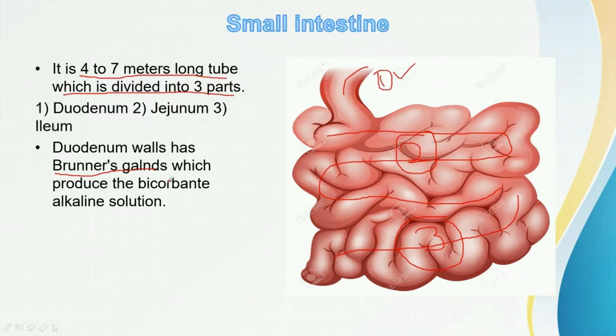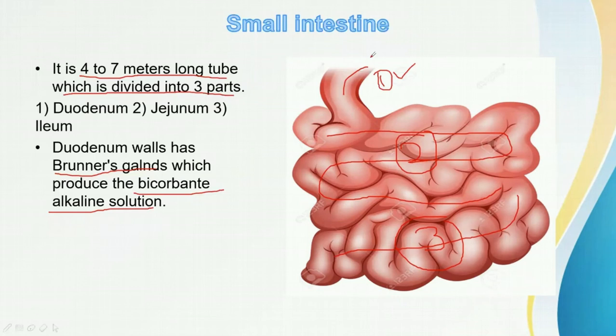These Brunner's glands secrete a bicarbonate alkaline solution. This solution neutralizes the chyme, because the chyme was formed in the stomach with hydrochloric acid, which can damage the walls of the duodenum.